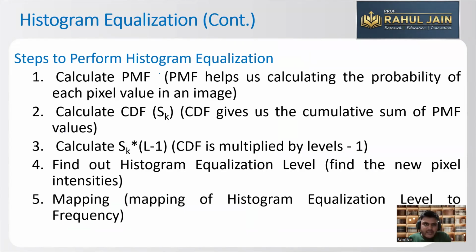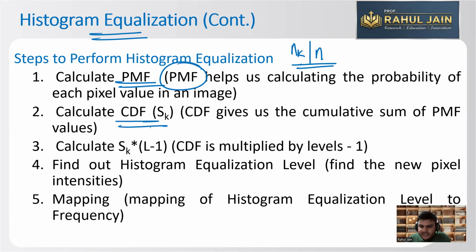So the steps that we have to perform for histogram equalization are like this. First, we have to calculate the PMF value, that is the probability mass function, which we have already discussed. This is nk, the frequency of each intensity level, divided by the total number of pixels, right? Once we calculate the PMF, then we calculate the CDF, the cumulative distribution function, which gives us the cumulative sum of the PMF values. As discussed in previous lectures, keep the first value as it is, and from the second value onward keep adding the previous cumulative sum of the PMF values.